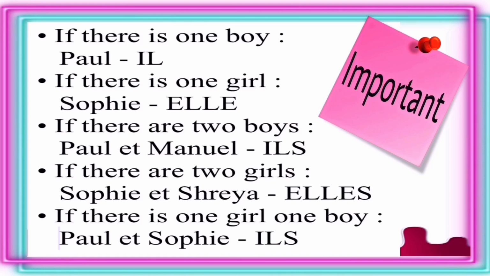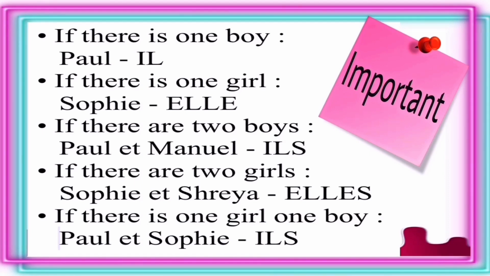While conjugating, if your subject is the name of a boy, then use il. For example, your subject is Paul. Now Paul is a boy, so we will conjugate the verb with il. Similarly, if it is a girl, then use elle. If there are two boys, then we will conjugate the verb in the context of they, that means with ils.